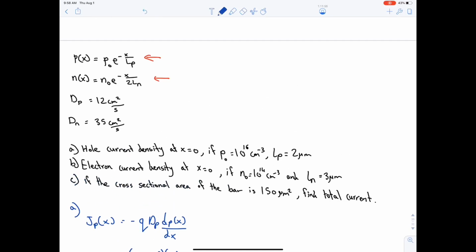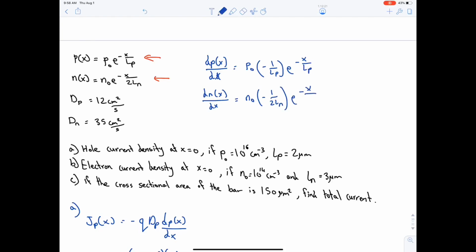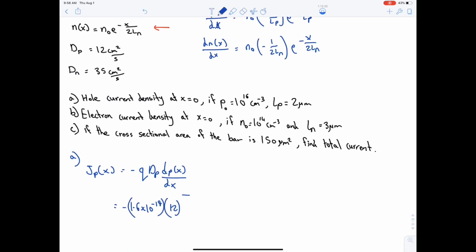Derivative of p is, let's derive it in here. It's p naught multiplied by minus 1 over Lp e to the minus x over Lp. So here it will be p naught.